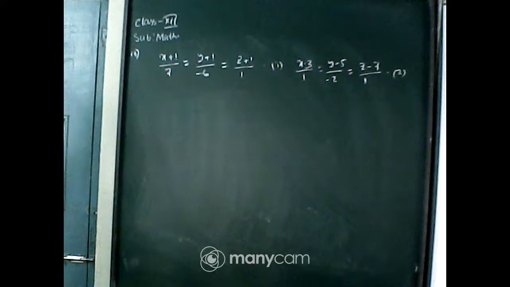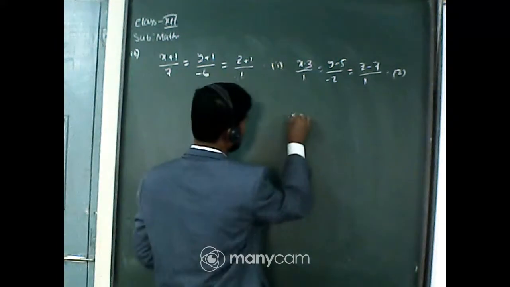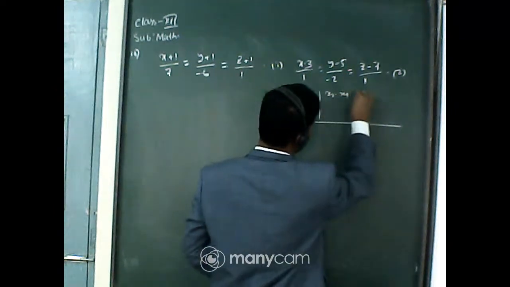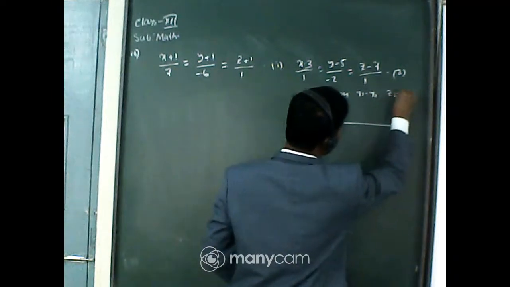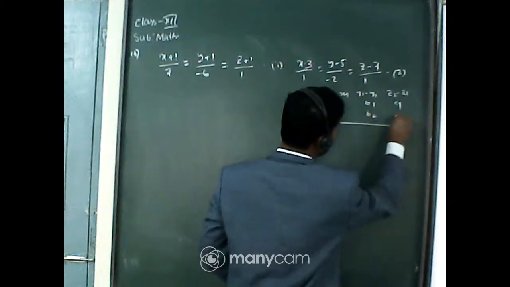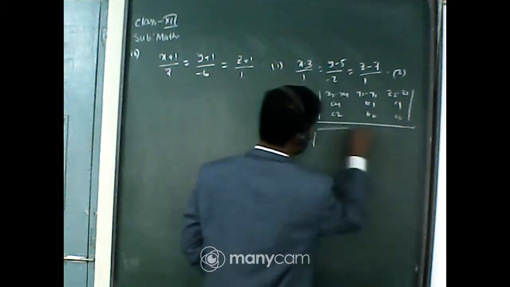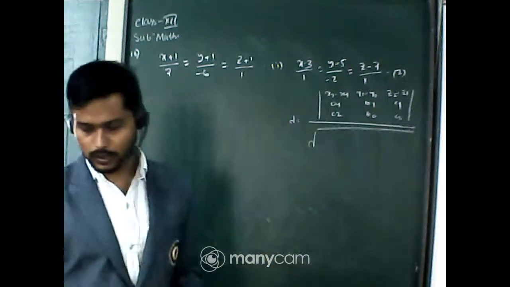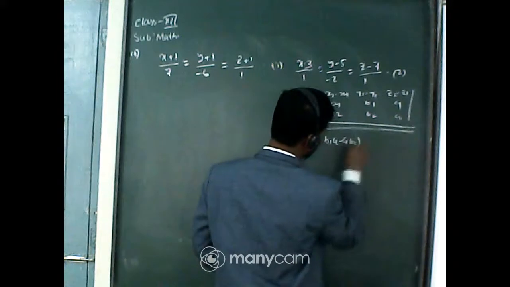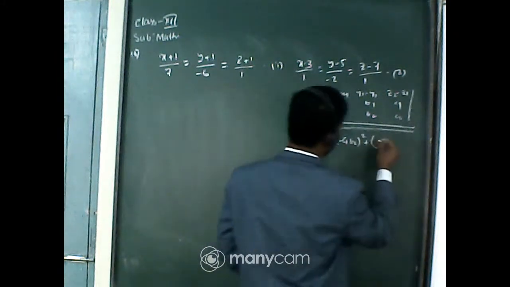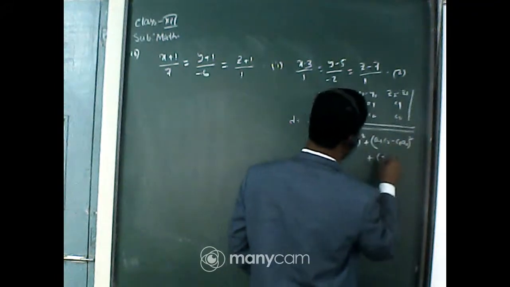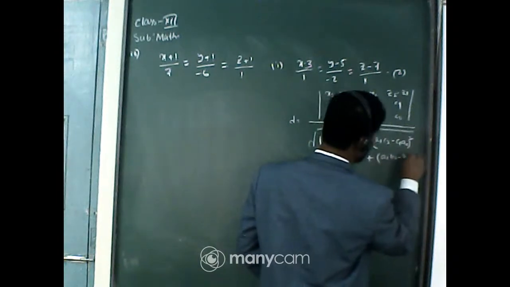The shortest distance d equals the determinant of (x2 - x1, y2 - y1, z2 - z1; a1, b1, c1; a2, b2, c2) divided by the square root of (b1c2 - c1b2)² + (a1c2 - c1a2)² + (a1b2 - b1a2)².